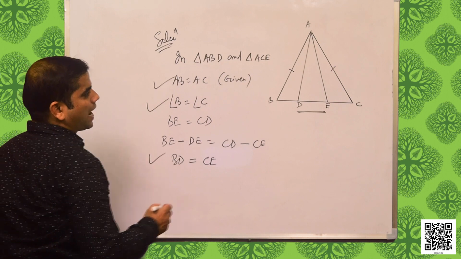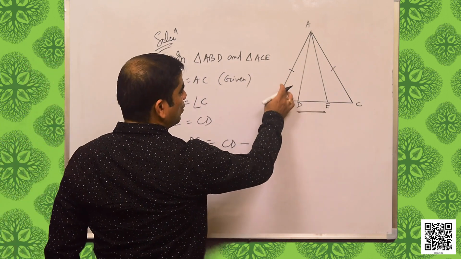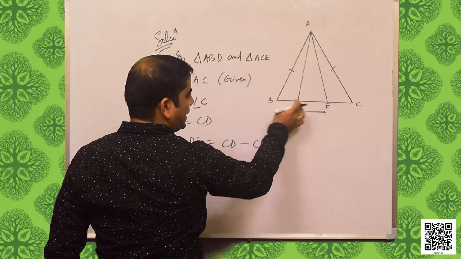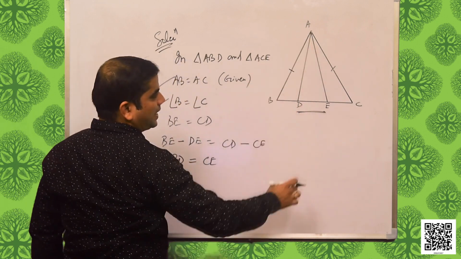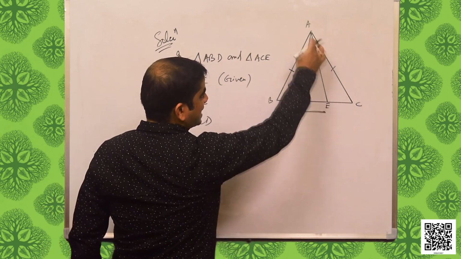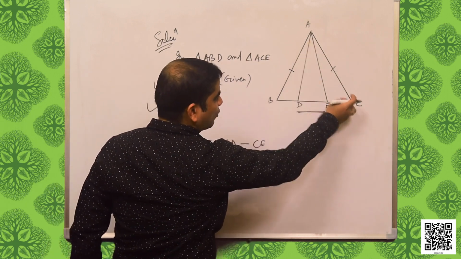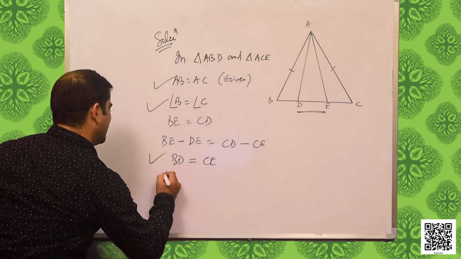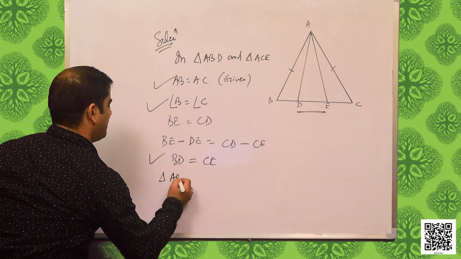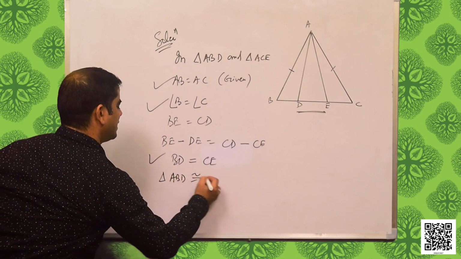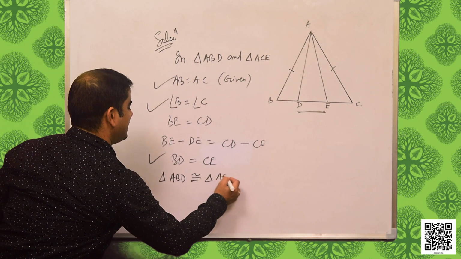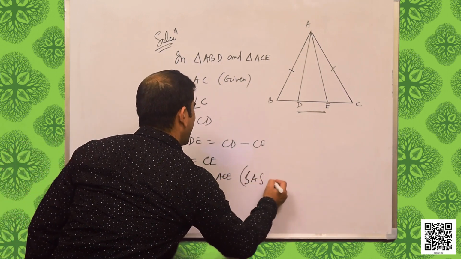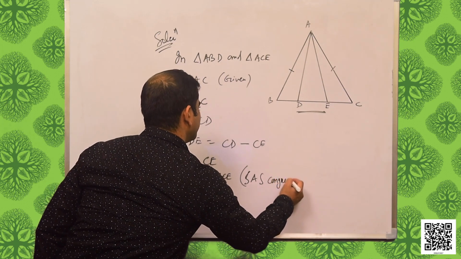That means we have two sides and included angle, sides AB and BD and included angle B. In case of triangle ACE, sides AC and CE and included angle C, they are equal to each other. Then we can write triangle ABD is congruent to triangle ACE by side angle side congruency.